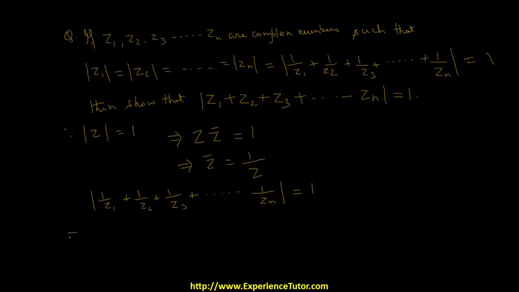which implies that modulus of conjugate of z1 plus conjugate of z2 plus conjugate of z3 plus ... conjugate of zn is equal to 1.